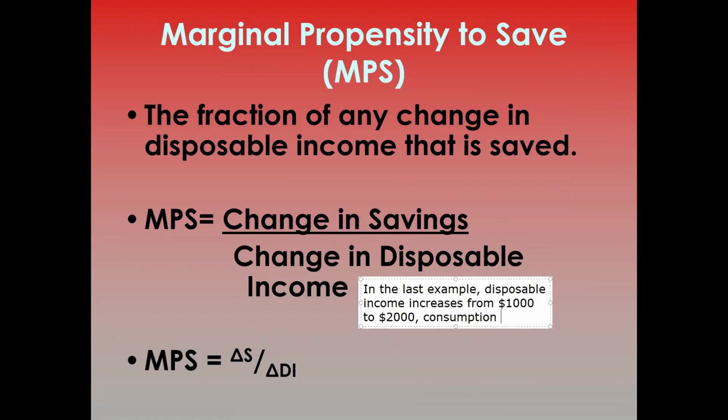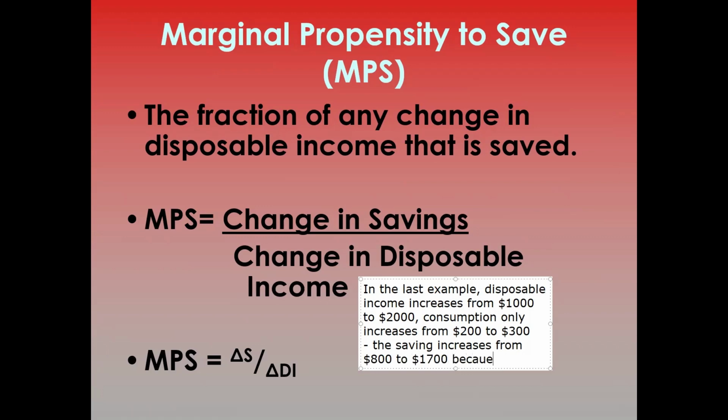Consumption only increases from 200 to 300. Let's say the saving increases from 800 to 1,700, because we save the rest that we don't consume.